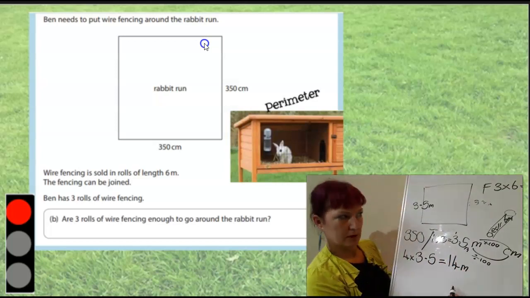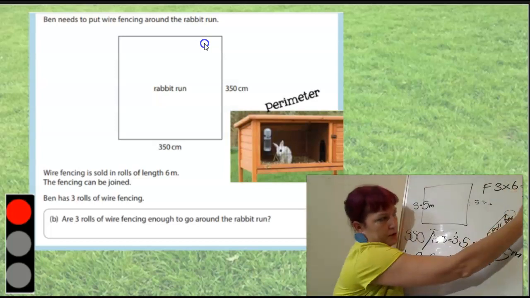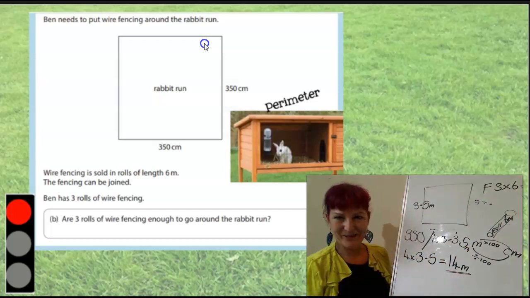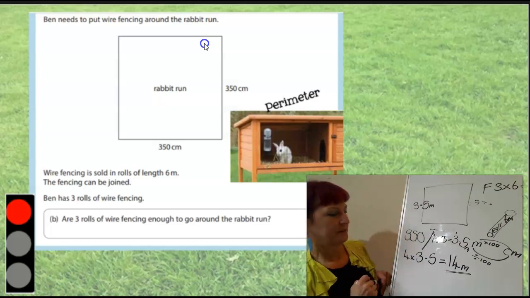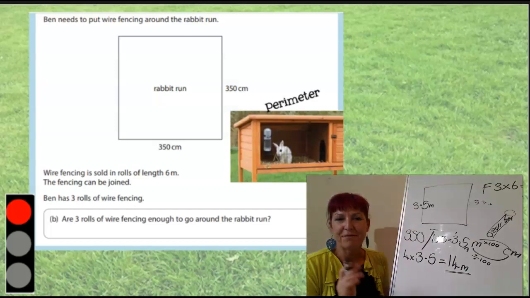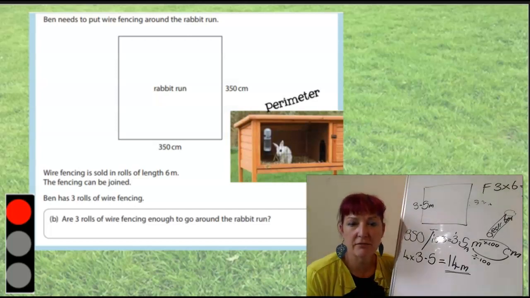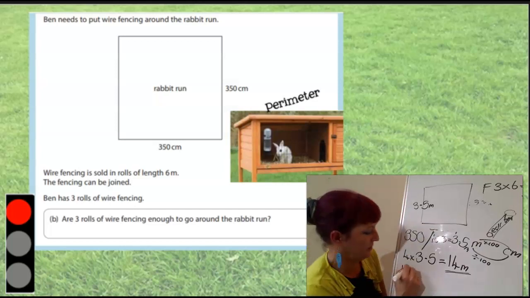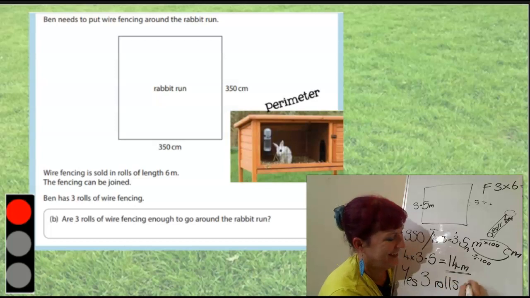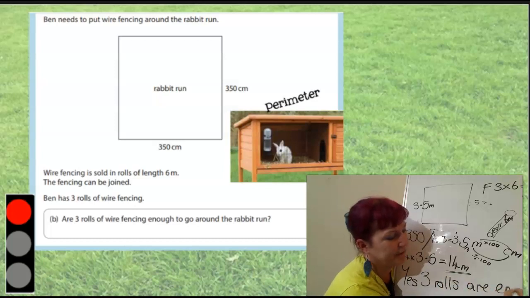So, going back to it, this is what I've got. This is what I need. Do I have enough? Yes, I do. So I'm just going to finish it off underneath. Are 3 rolls of fence enough to go around? Yes. 3 rolls are enough.